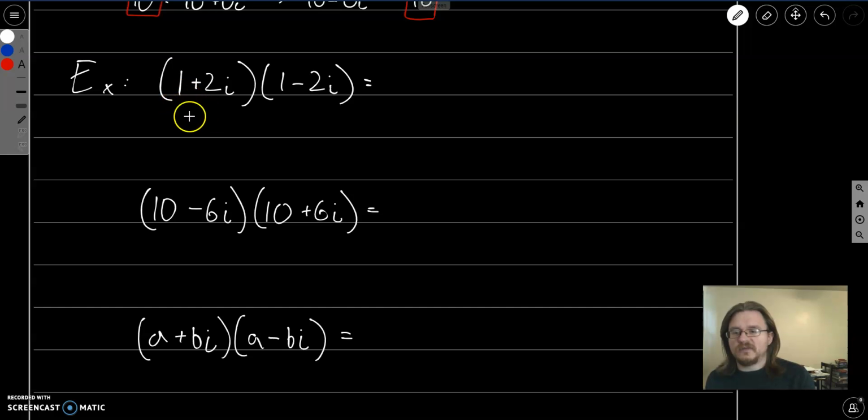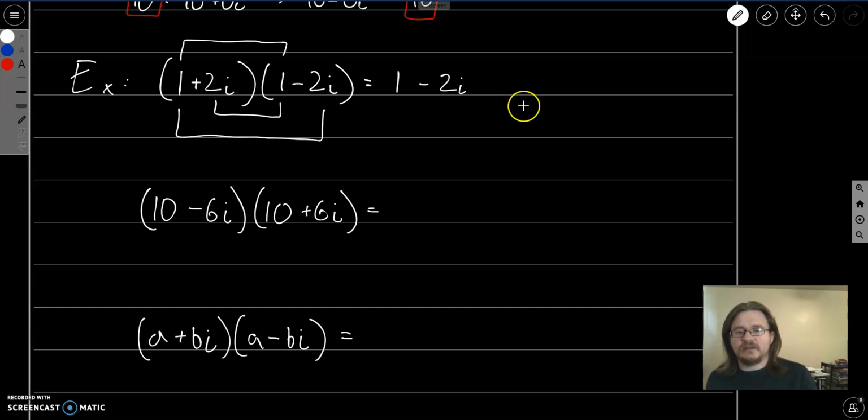So let's multiply this. FOIL, we'll start with the first ones. 1 times 1 is 1. We'll take 1 times negative 2i, which is going to be negative 2i. We've got 2i times 1, which is going to be 2i. And then we have our last terms, 2i times negative 2i.